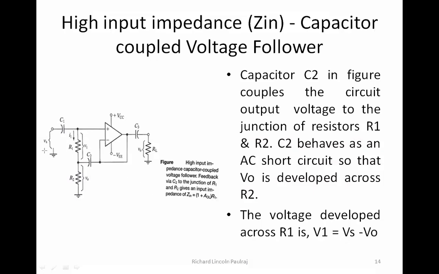Vs is the source voltage, and to calculate V1, it is going to be Vs minus V0. Whatever voltage is developed at V0, I subtract it from Vs, because this is the source, and I get V1.